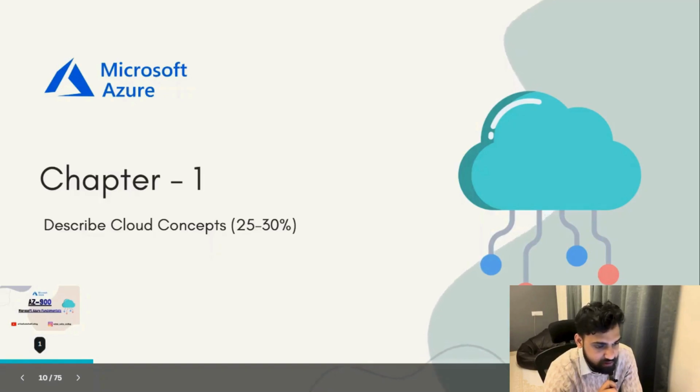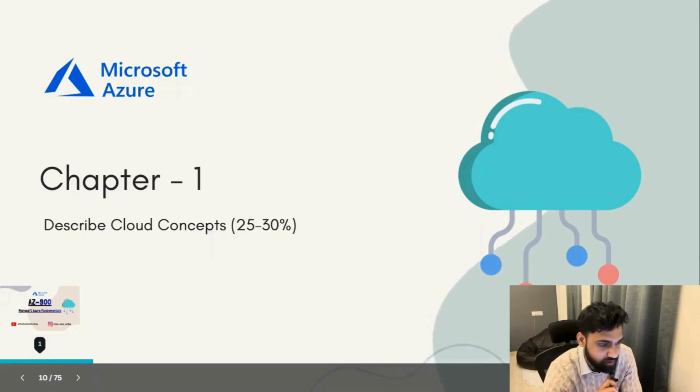Okay, so we just talked about the overview of the AZ-900, but from this video we are going to start the actual learning. So that's why I keep the number as Chapter 1. In this particular chapter we are going to learn and understand the cloud concepts.